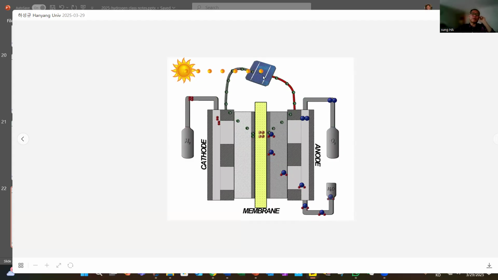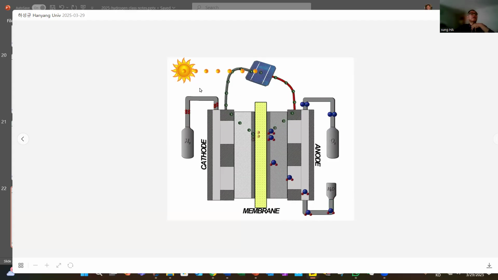Certainly, we need a lot of power and energy going on here. Look here, the electron travels, and we need power. This power can be from a solar cell. Power can be from a wind turbine blade. So theoretically, all we need is power from renewable energy, such as solar cells and wind power, and also water.